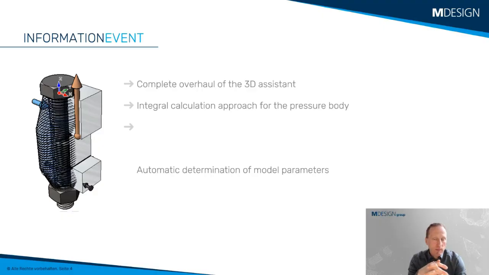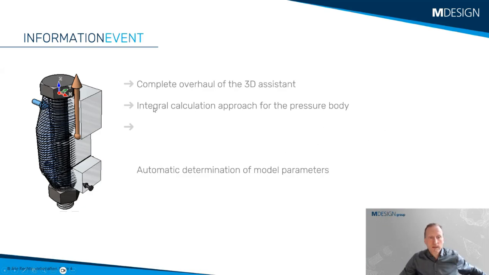It's easier because a lot of difficult inputs for the VDI model are no longer necessary, because by inputting 3D geometry, these inputs can be directly determined by the calculation software itself. So it's a special recommendation from my side. Use the 3D assistant in the future. It is a help for you, of course.